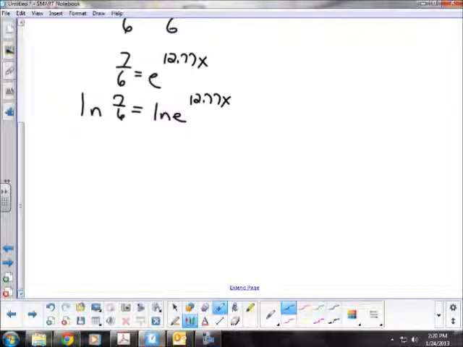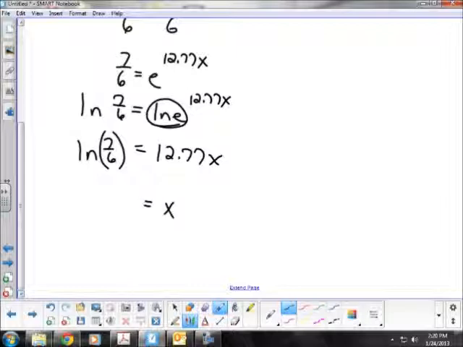Now what do I have? That's right. These two cancel out, and I just have 12.77 times x equals the ln of 7 over 6, which is just a number, right? And then what do we do? Divide by that 12.77.